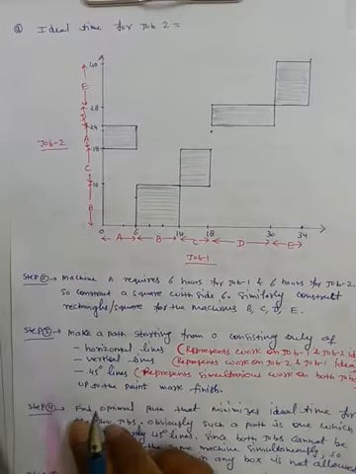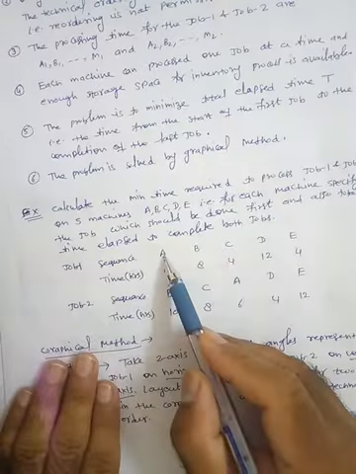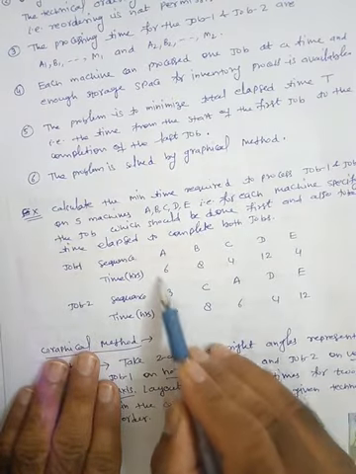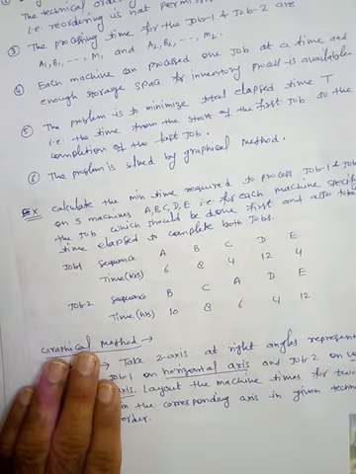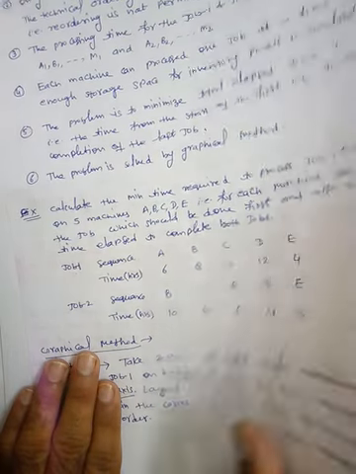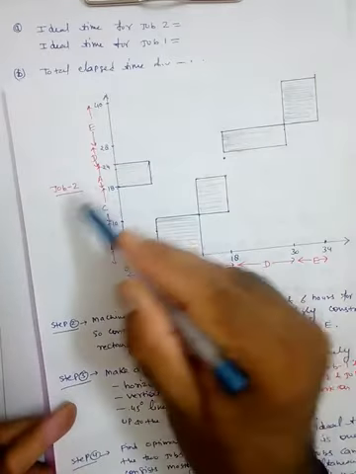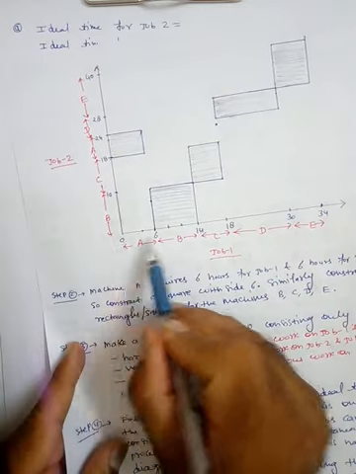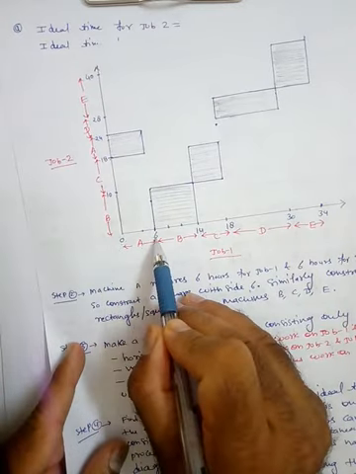If you see here, for job 1, machine A takes 6 hours. That's why on the horizontal axis we have job 1 and on the vertical axis we have job 2. The starting machine is A and it takes 6 hours, so 0 to 6.